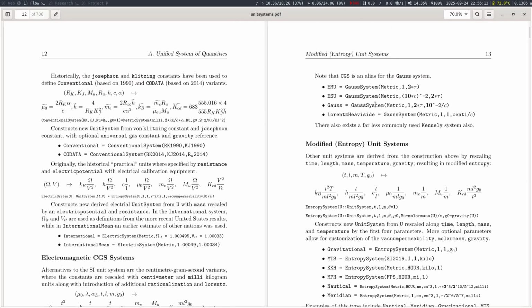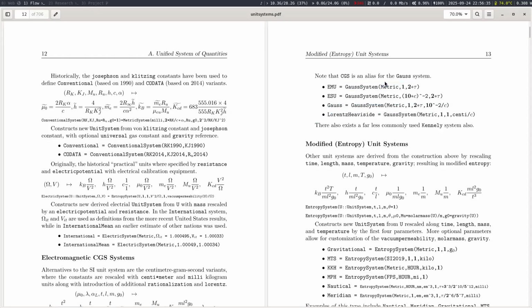And so the EMU system can be constructed with that, and the ESU system, so you can specify these constants in a particular way, and that produces the EMU, the ESU, the Gauss, or the Lorentz-Heaviside system, right?